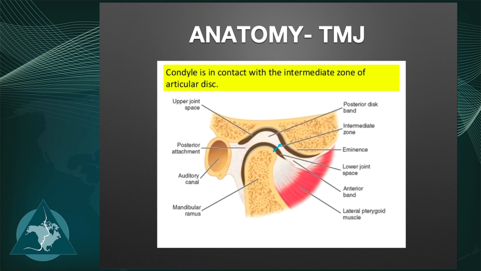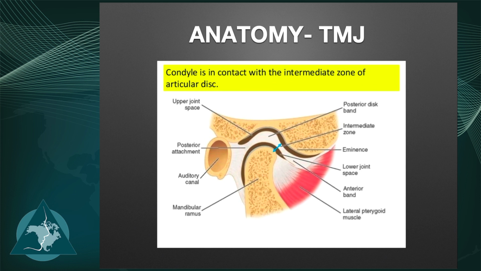So let's start with our friend here, the temporomandibular joint. Now, it's quite a unique joint. It has a lot of aspects to it. We've got the condyle right here. We've got the temporal bone above it. Okay, we're very comfortable with joints. We have an articulating surface.